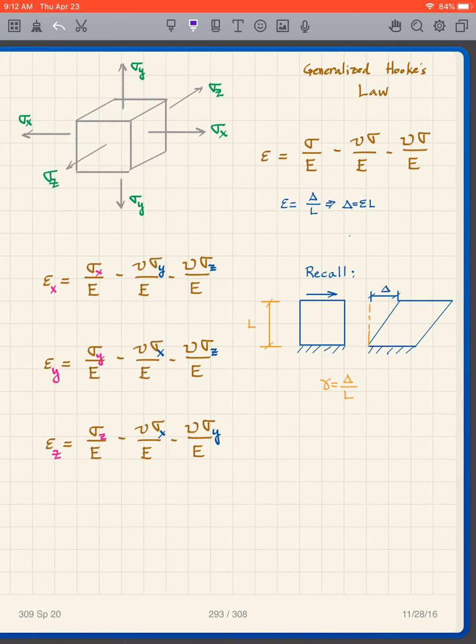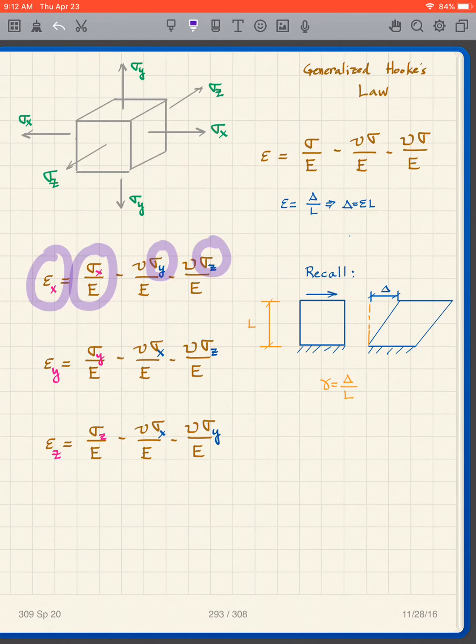So in other words, our epsilon in the x direction is going to be affected by the stress in the x direction, but it's also going to be affected by the stress in the y and z directions through Poisson's ratio.